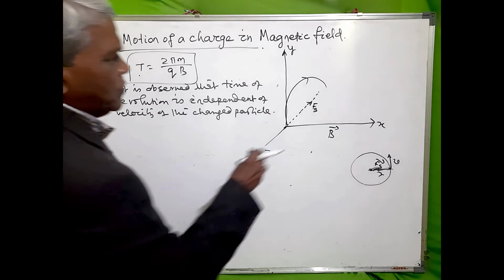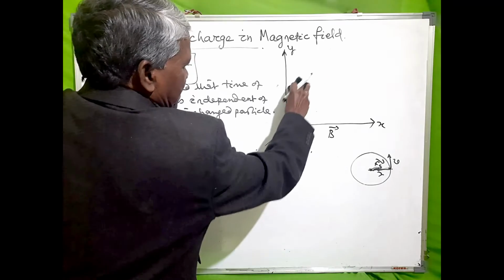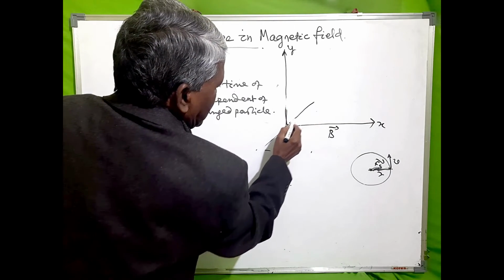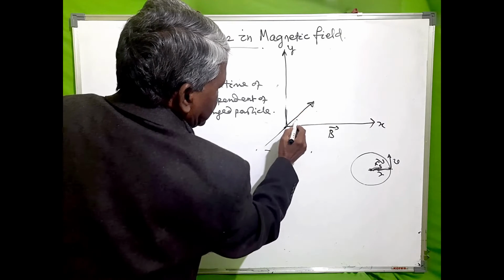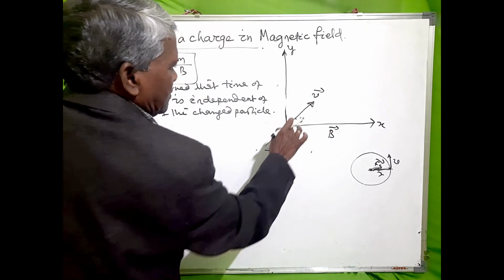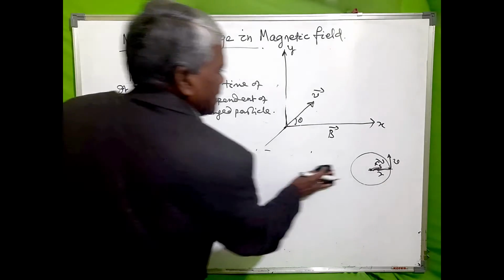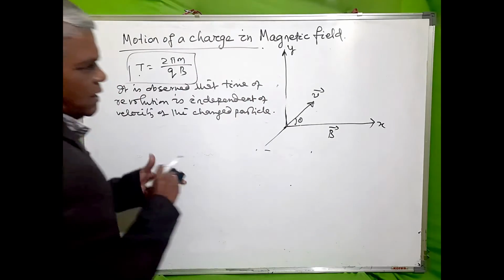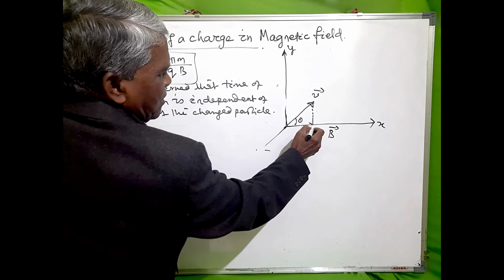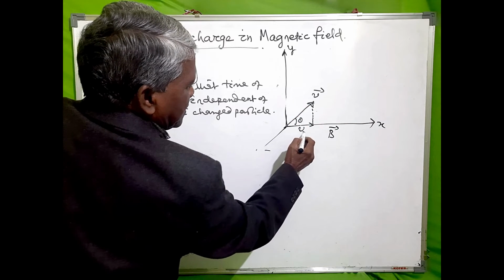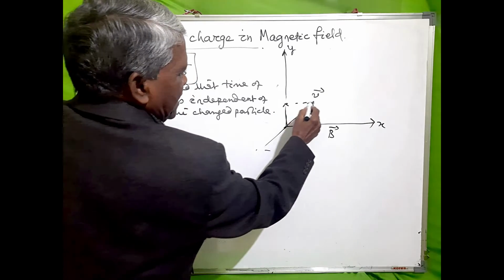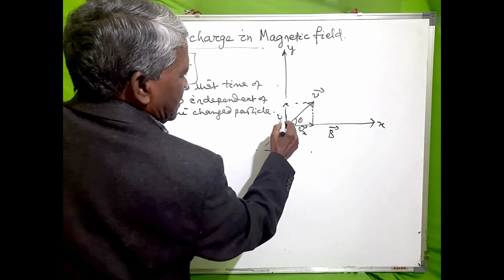But if the velocity is at an angle with magnetic field, suppose theta is the angle between velocity of the particle and magnetic field, then we can say that here there are two components of velocity, Vx along direction of magnetic field and another Vy at right angle to this magnetic field.